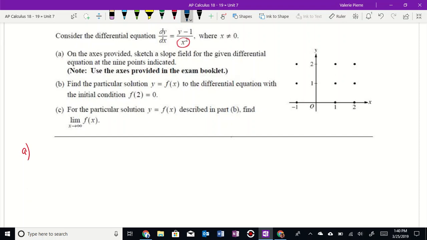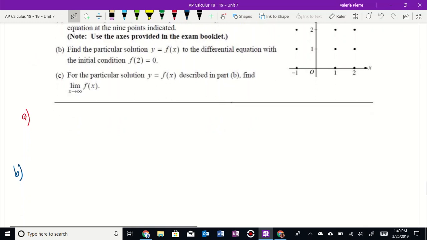For B, it wants us to find the particular solution, y equals f of x, to the differential equation with the initial condition f of 2 equals 0. So here again, we need to solve the diff EQ. So we have dy dx equal to y minus 1 over x squared.